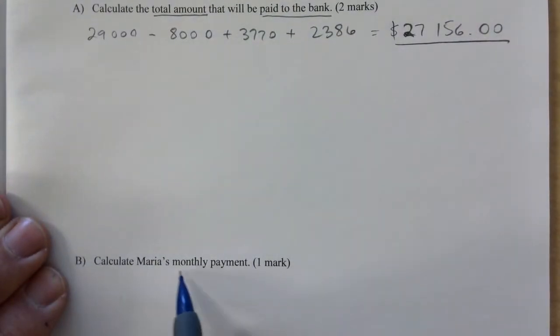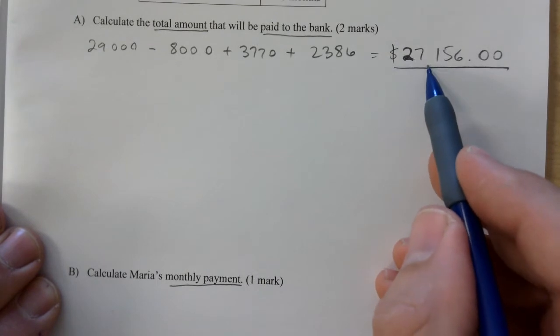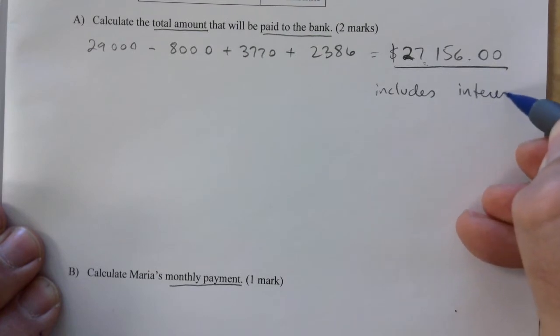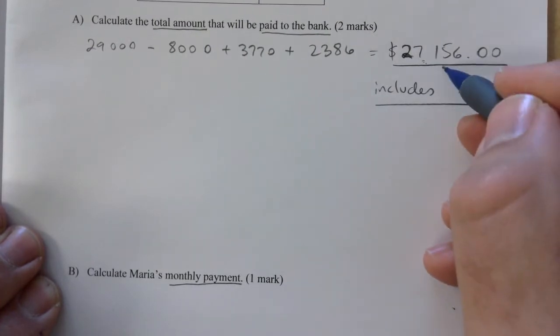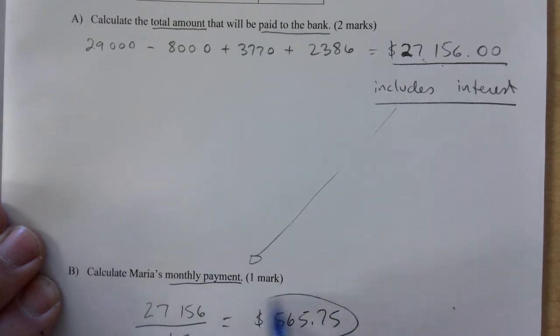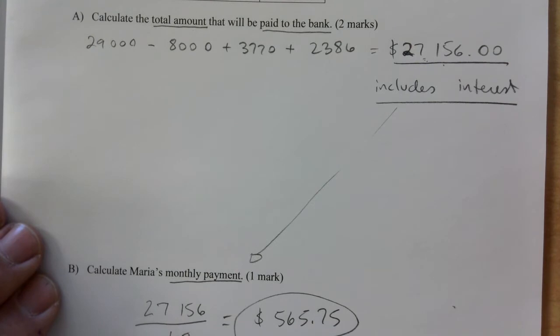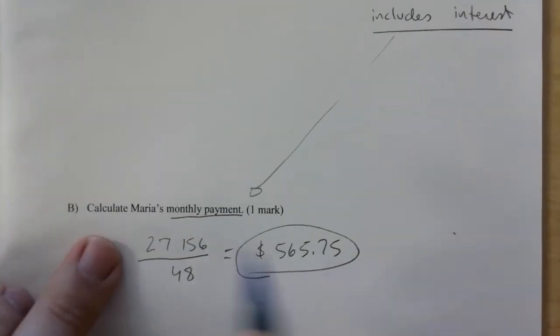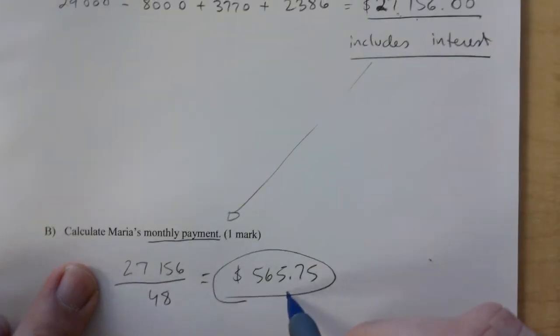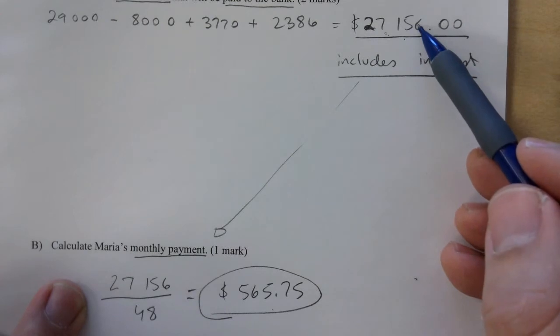Calculate Maria's monthly payment. So we just take that number because it includes interest. We will take that number and just go 27,156 divided by 48 months. And that is 565.75. And note we did not use a chart of any type to come up with this, only because they gave us the total interest you paid.